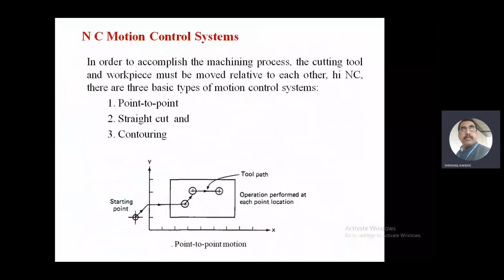G codes will be used to define the motion or the planning of movement of the tool over the work surface. The application of point to point, straight cut and contour will all be based on the shape or the type of work on which you are going to do the machining.